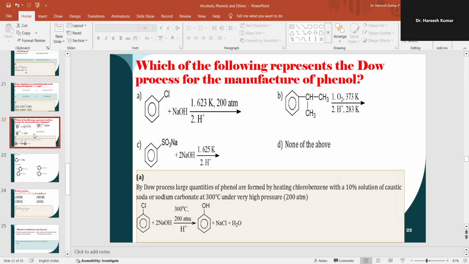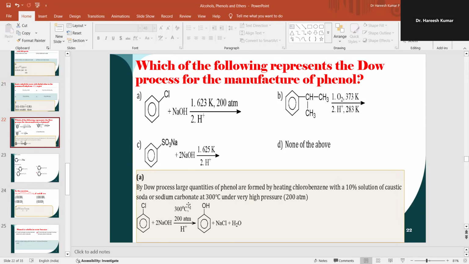Let's take another question. Which of the following represents the Dow process for the manufacture of phenol? The Dow process means reaction of chlorobenzene in the presence of sodium hydroxide at 300 degrees centigrade and 200 atmospheric pressure. It will give you phenol as the product. That's the reason option A will be the correct answer.